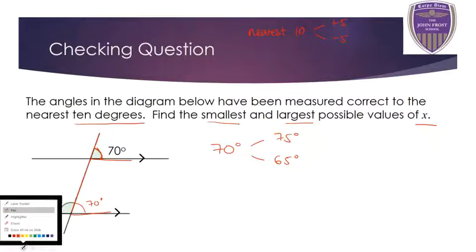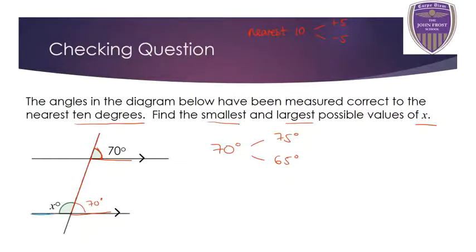Then what I'm looking at is these two angles together now. So the x and the 70 go together next to each other on a straight line. And we know that angles on a straight line add up to 180, don't they? So in normal circumstances, if I wanted just to find x, I would do 180 take away 70, because they're on a straight line next to each other.